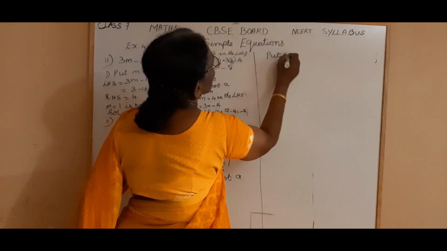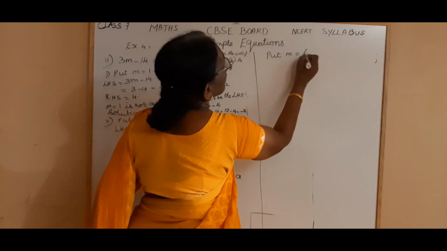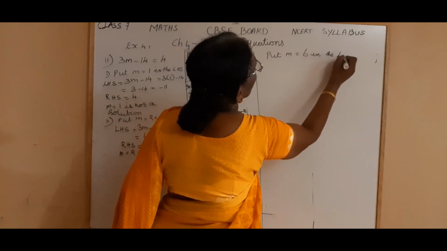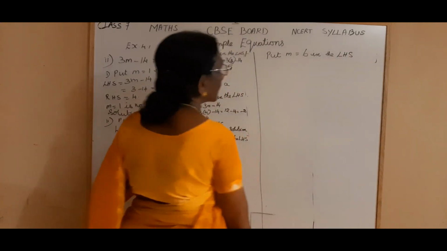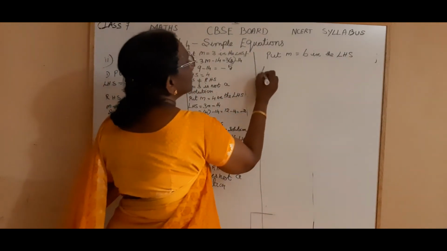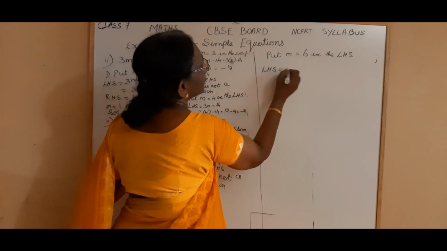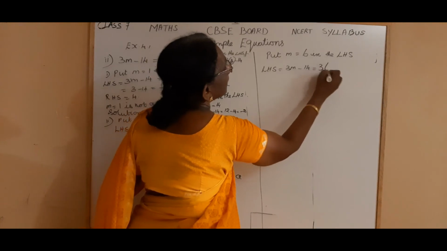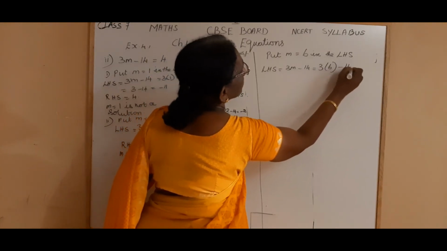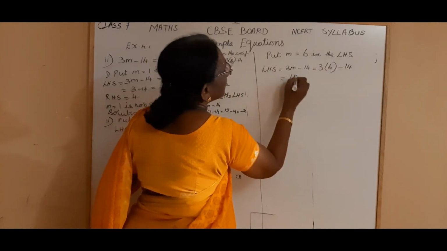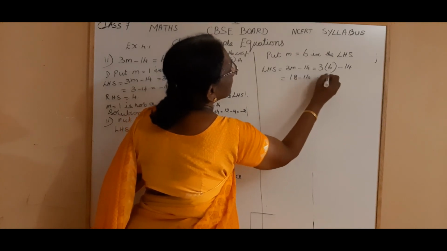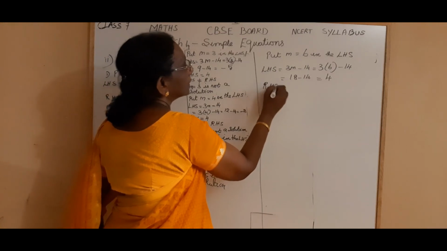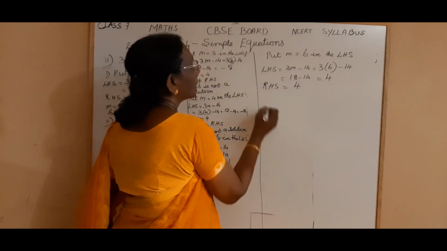Put m is equal to 6 in the LHS. So what do you get? LHS is equal to 3m minus 14, that is 3 into 6 minus 14, that is 18 minus 14, which is equal to 4. Are you getting the RHS equal to 4?